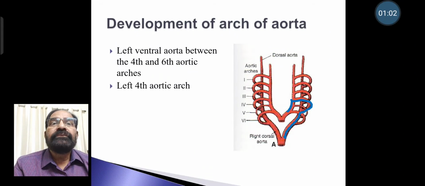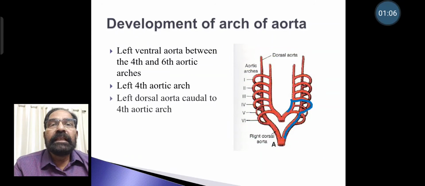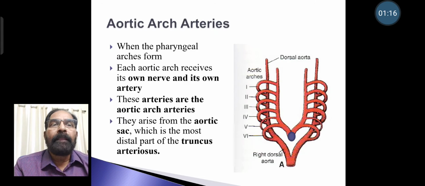Then left 4th aortic arch. Then left dorsal aorta caudal to 4th aortic arch. These structures give the development of arch of aorta.